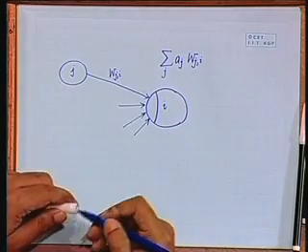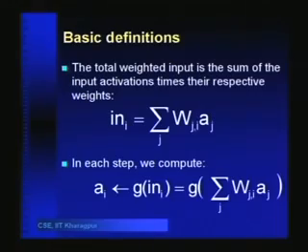And then in each step we compute the activation AI, which is a function g of sigma over j of WJI times AJ.